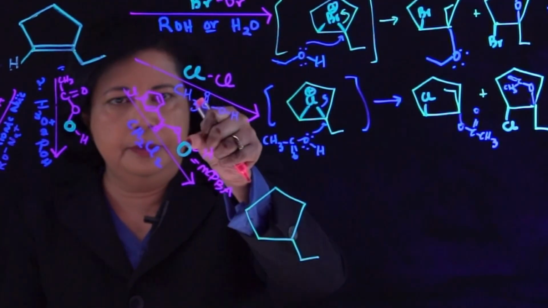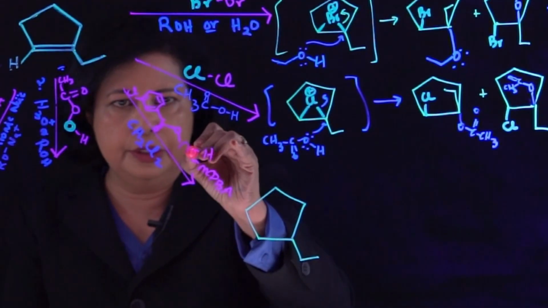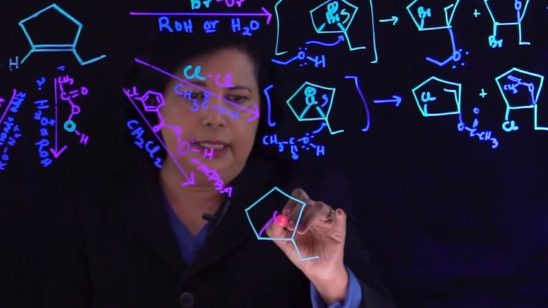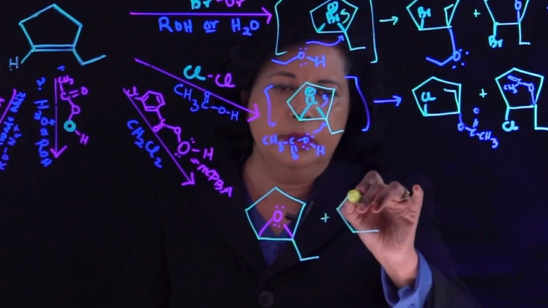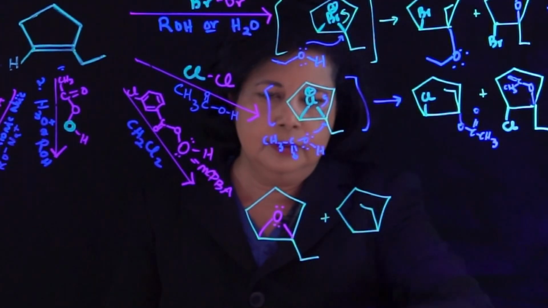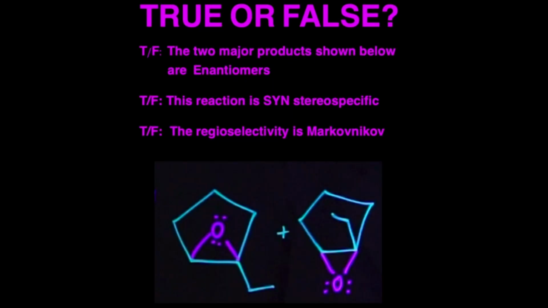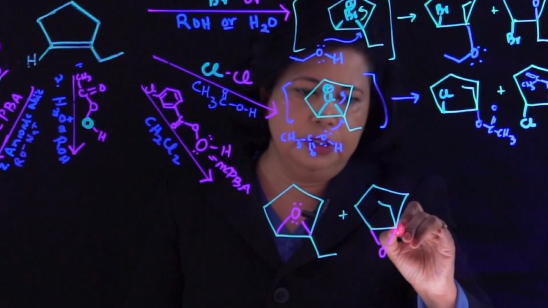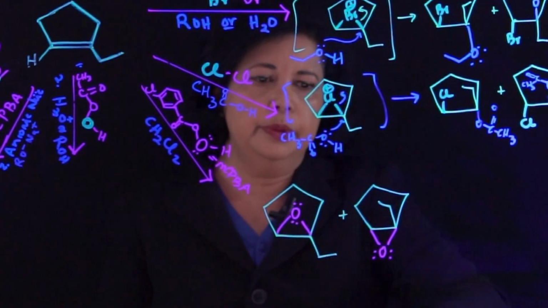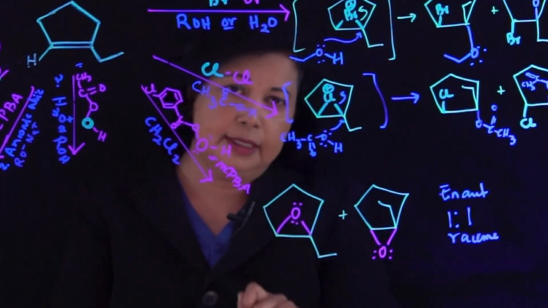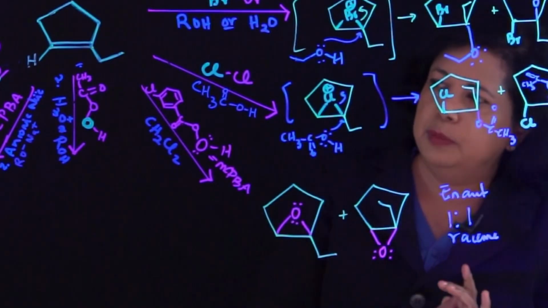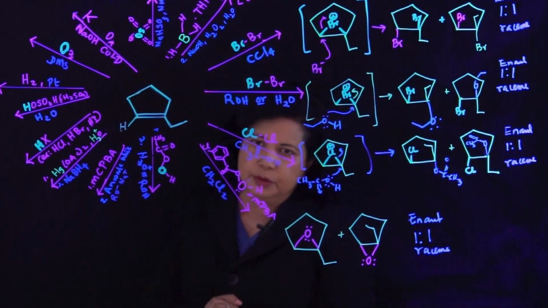And I'm going to put this oxygen in a pink color just to show you, even though that's the electrophilic oxygen, above or below. Now this is also going to be a mirror image, and you would get a 1-to-1 enantiomeric mixture. There is really no regioselectivity. It's syn stereospecific.